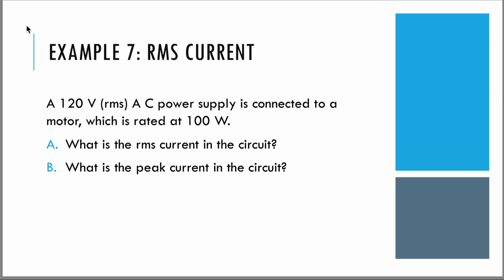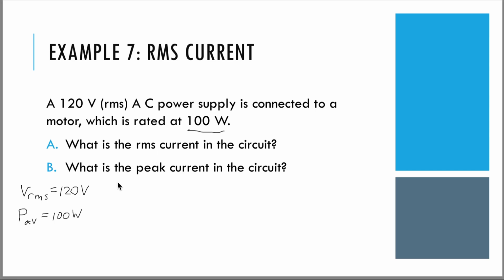Let's take a look at an example. We have a 120 volt AC power supply connected to a motor which is rated at 100 watts. What's the RMS current in the circuit? Let's write down what we're given. We're given that the RMS voltage is 120 volts, and 100 watts is the average power. We want to know the current.